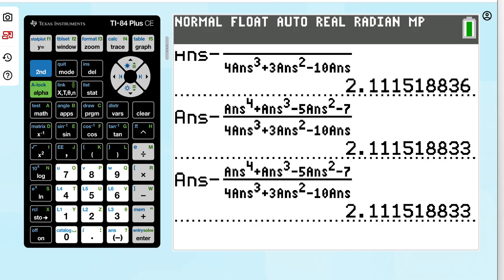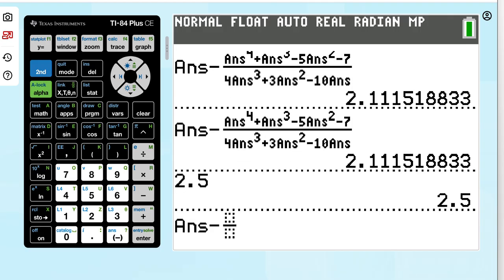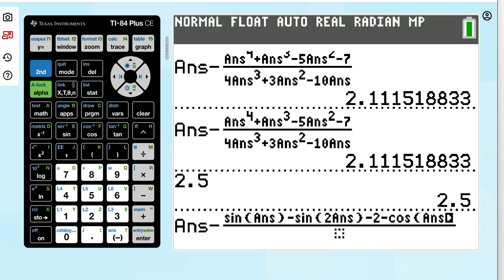We'll just plug this into our calculator, starting with 2.5. We've got x sub n minus our fraction. Our fraction was the sine of x sub n minus the sine of 2x sub n minus 2 minus the cosine of x sub n.